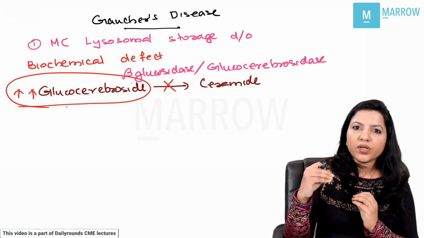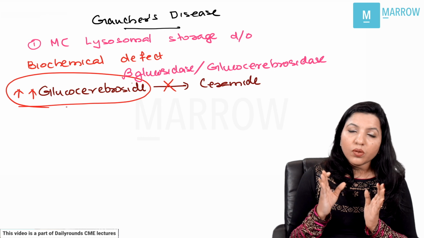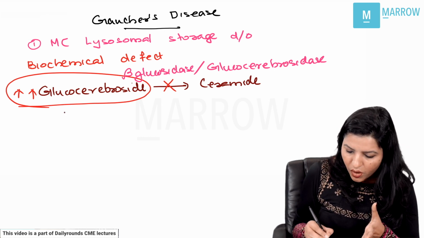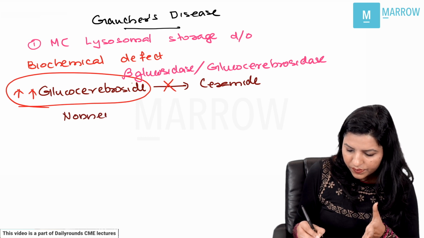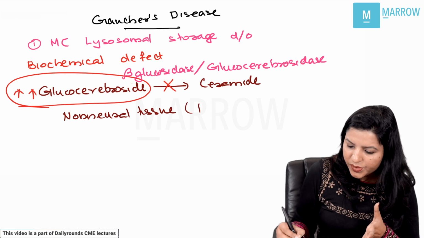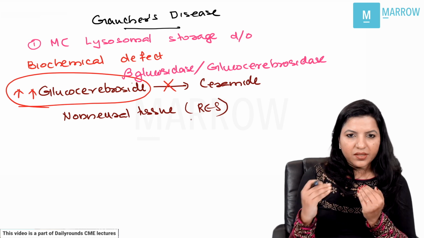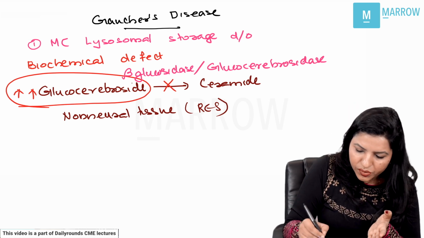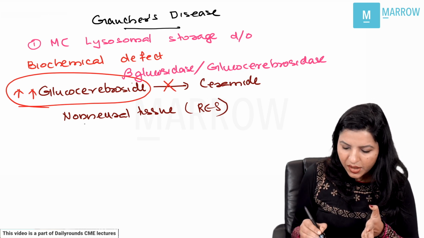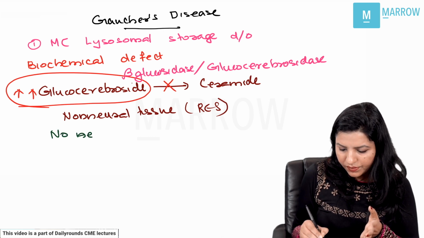Now, can you correlate this with something that we have learned in glycolipids? Glucocerebroside is present in the non-neural tissues, like the reticuloendothelial system. In Gaucher's disease it is not present in neural tissue, so there is no mental retardation.